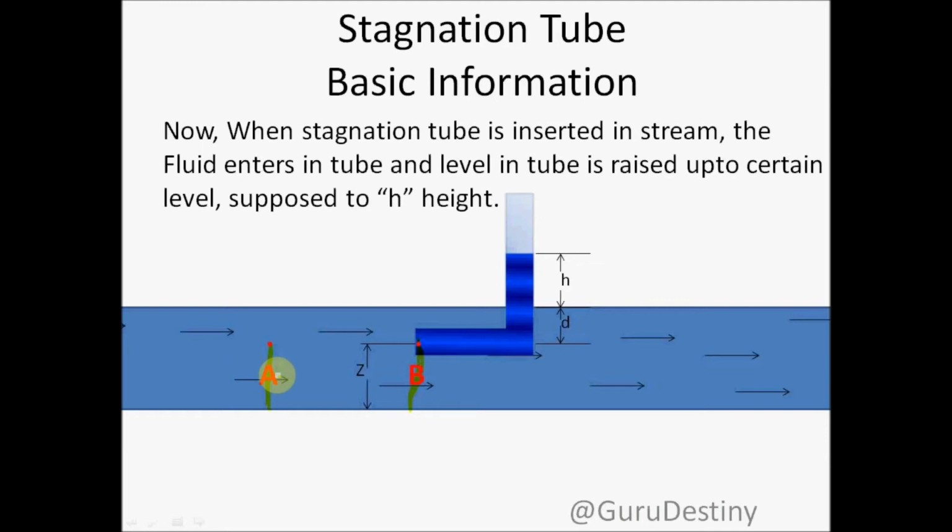Now when the stagnation tube is inserted in the stream, the fluid enters the tube and the level in the tube is raised up to a certain height. Suppose the height is h. When we insert this tube into the stream, the water level increases in the stagnation tube, the glass tube, raised up to the h height.